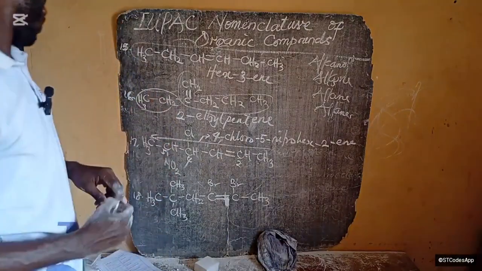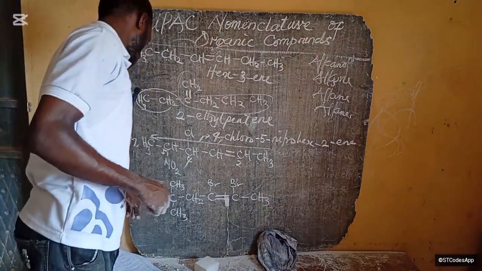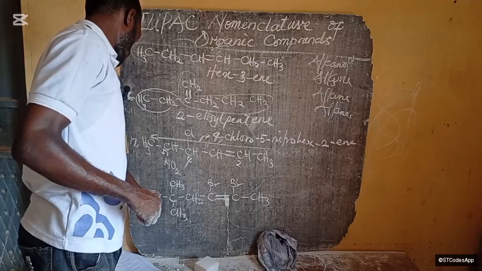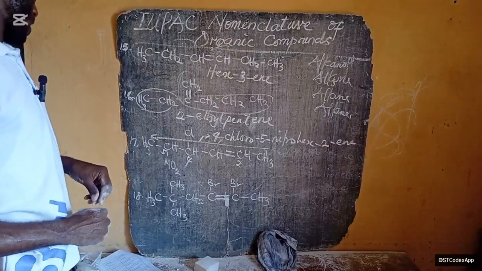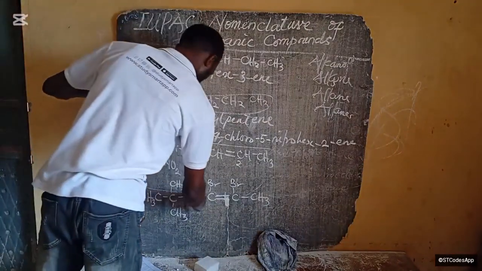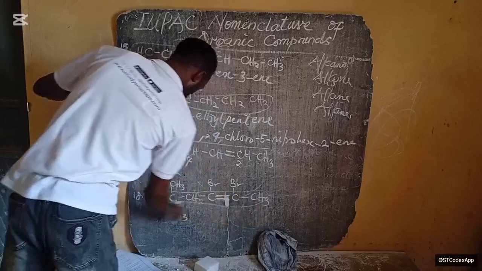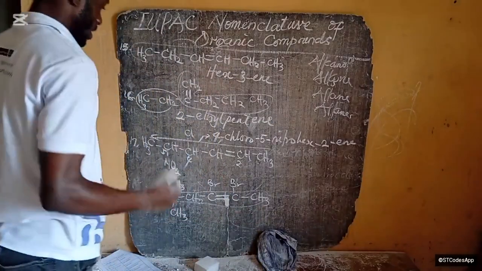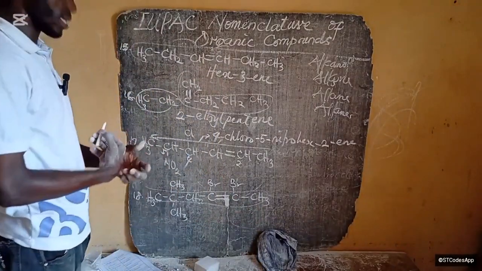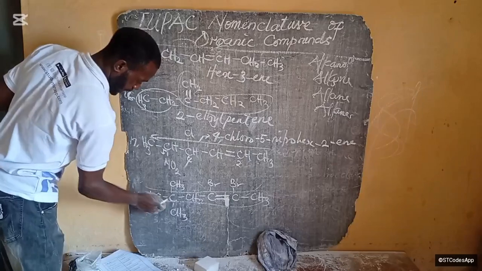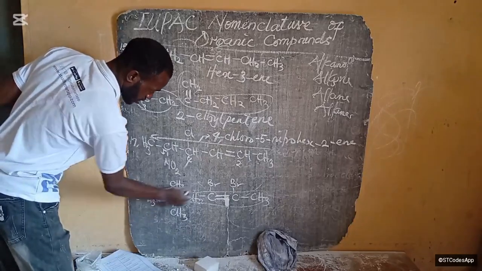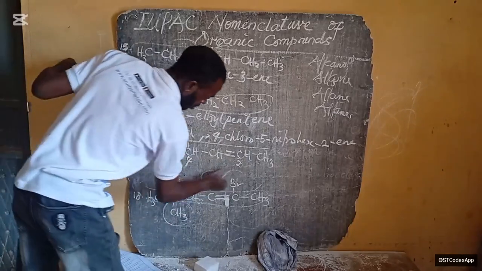So the next one is this one here. Now, how do we name this? This is also going to be the longest carbon-to-carbon chain. Is that okay? And you can decide to branch anywhere; you get the same answer. If you branch down here, it's still the same. Our substituents are 1, 2, 3, 4.